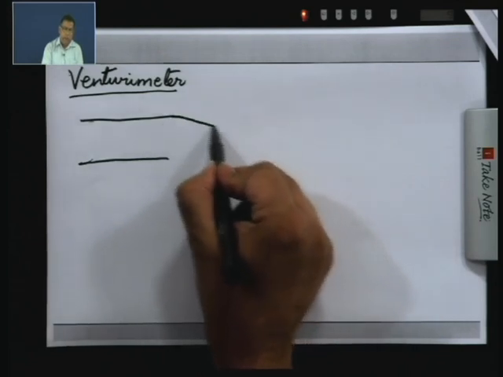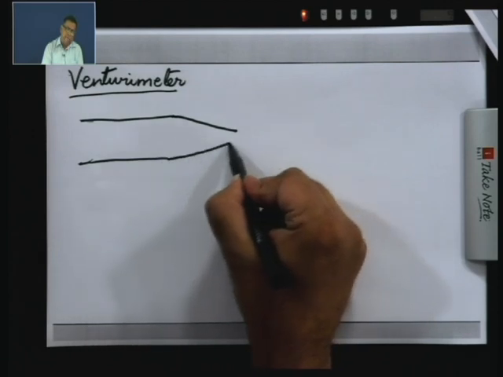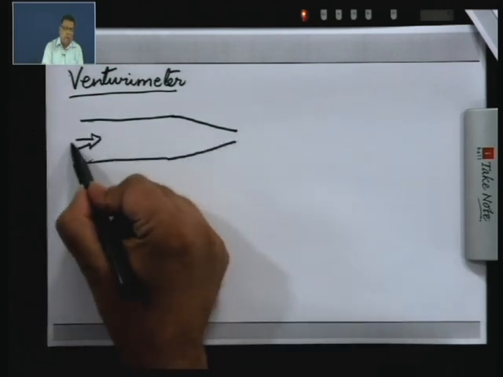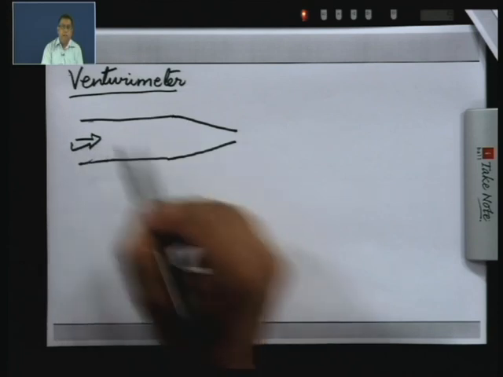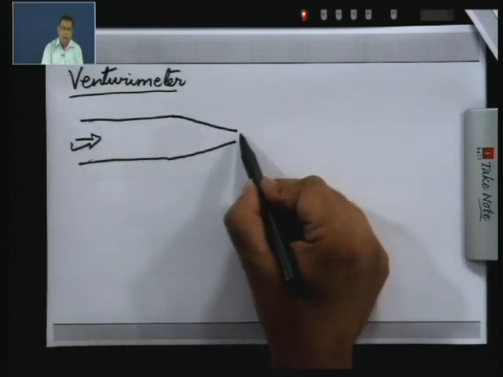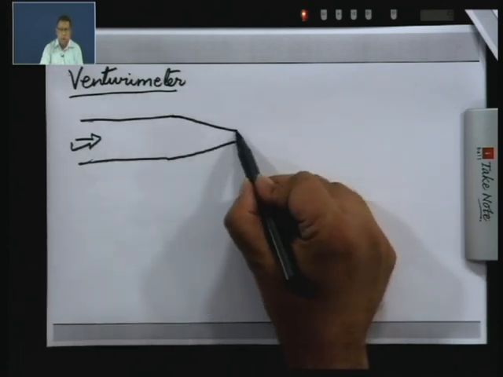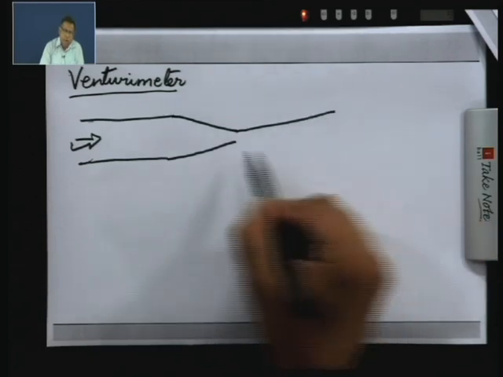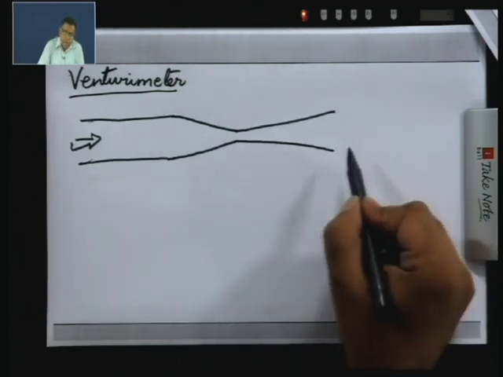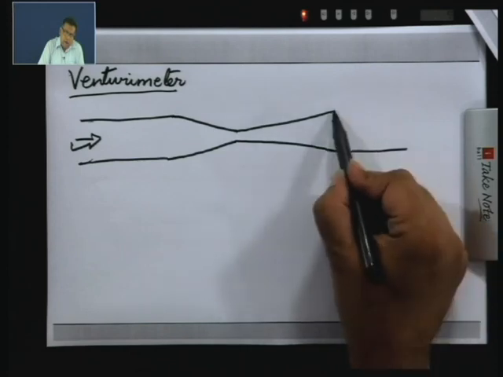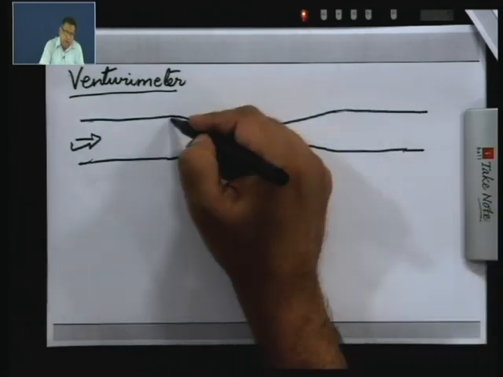So, this will be a converging section, and this is the direction of flow. So, with respect to the direction of flow, this is a converging section, and then it will have a diverging section, and this is your pipeline.